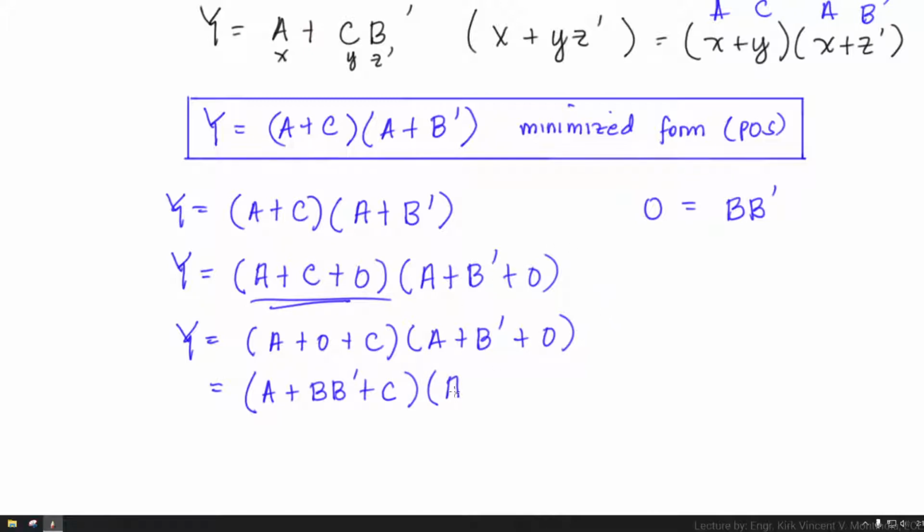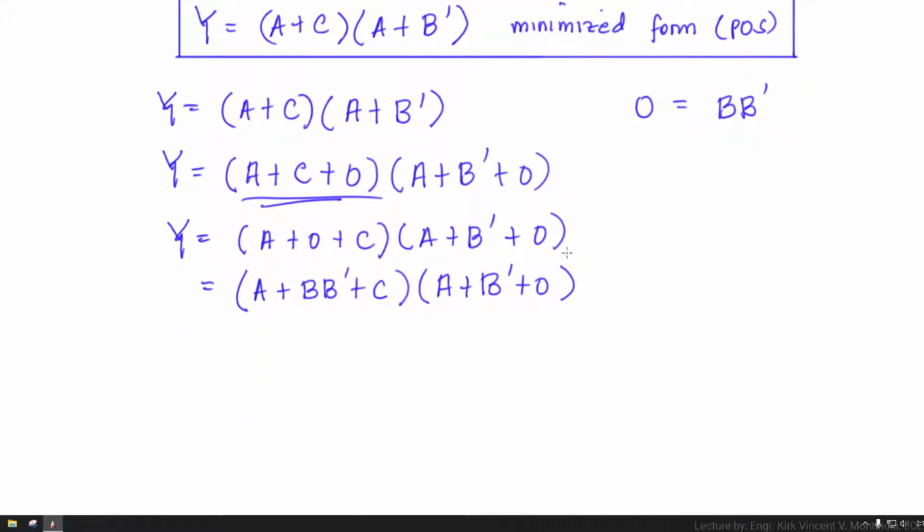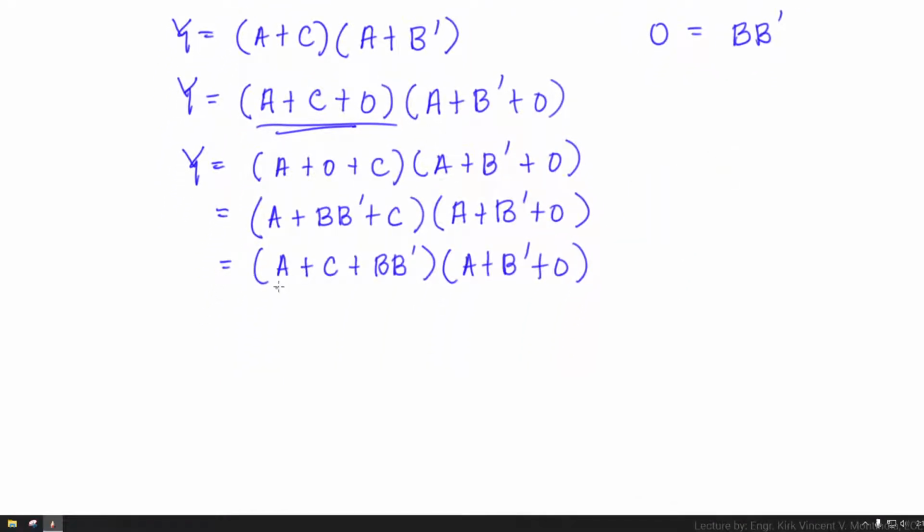Then hayaan na muna natin to na plus B prime plus 0. Hayaan na muna natin yan. Okay. Then, ano natin i-rearrange to? Kasi makikita mo class, you can say this one as A plus C plus B, B naught. And then, A plus B naught plus 0. Okay. Let's focus dito.